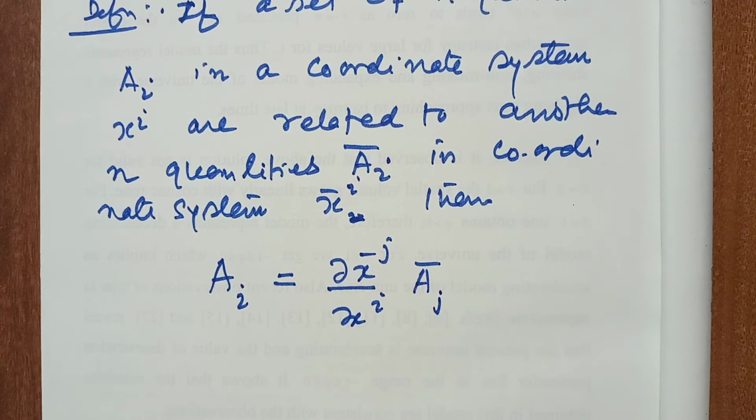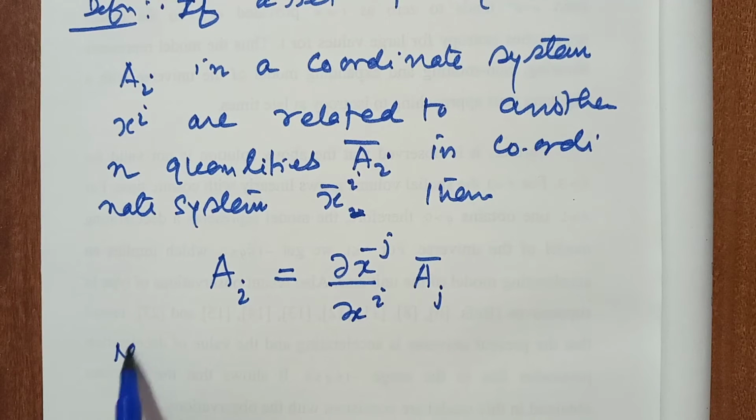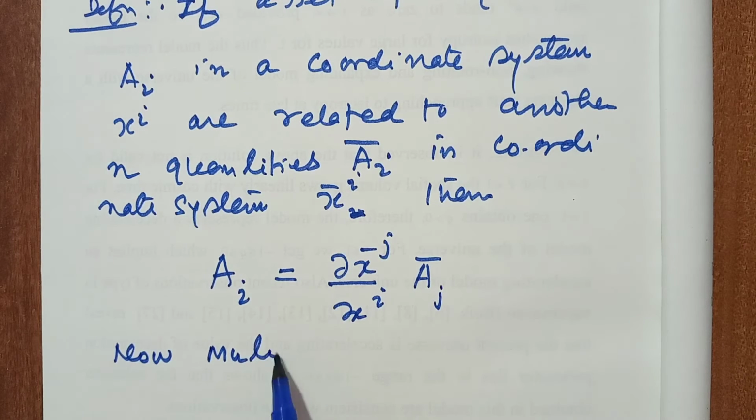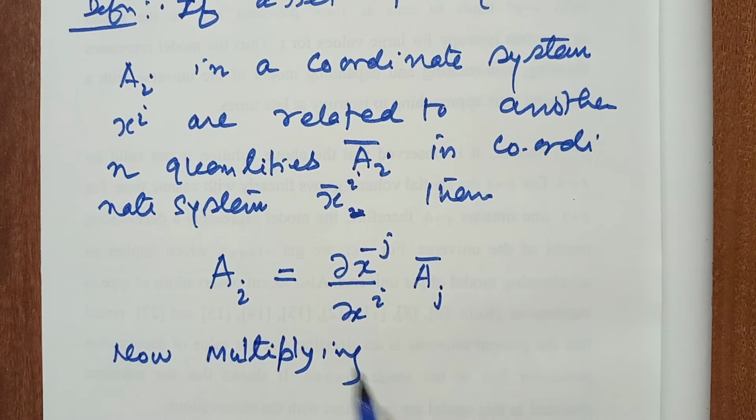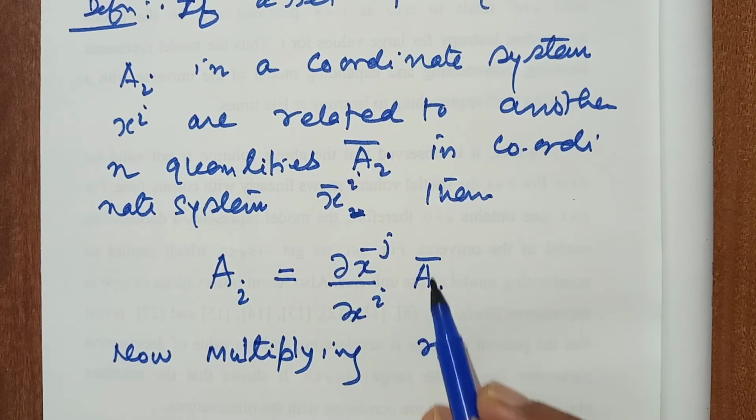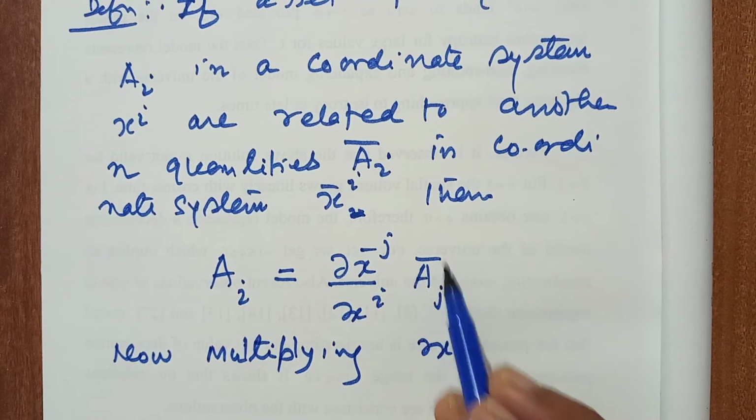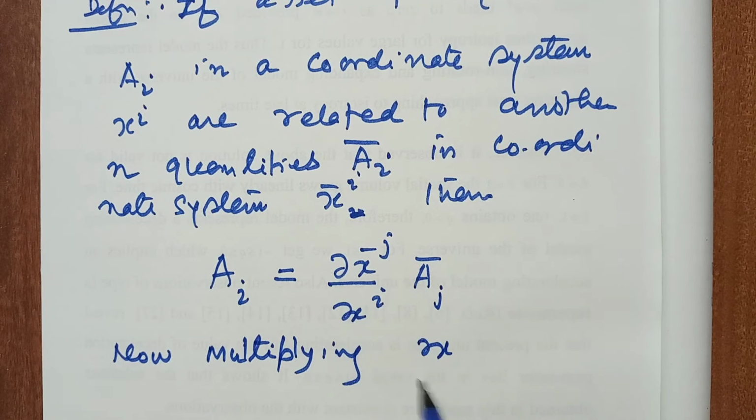Okay, so now multiplying by del x^i, I want to calculate only a bar j, so how do we get it? Now multiplying by del x^i upon another quantity del x bar k.